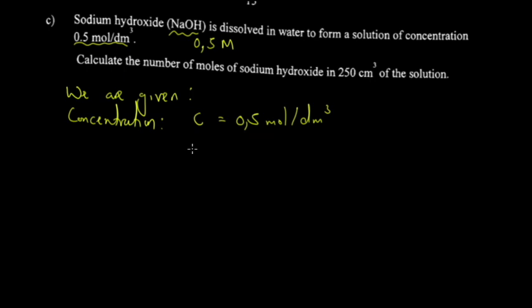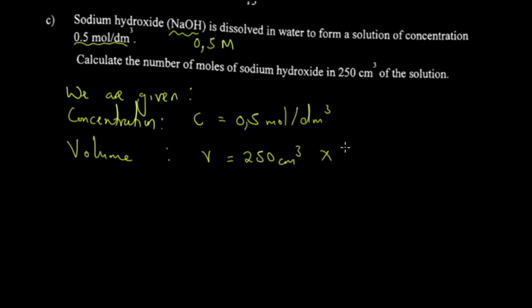And then volume we're given as well. So volume equals 250 cubic centimeters. But in order for you to actually play around with the concentration and the volume, you have to match the units. So here we're given moles per dm cubed. We have to convert to dm cubed for this one as well.